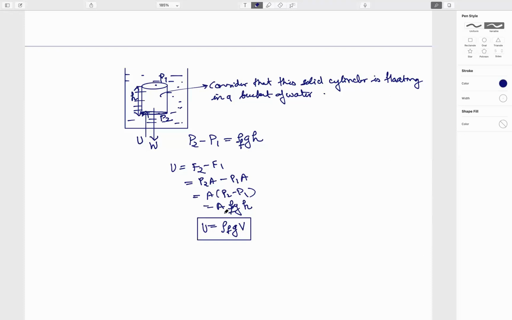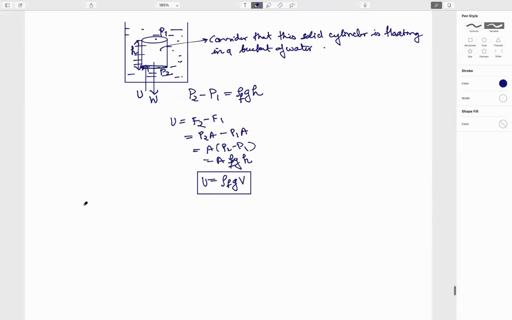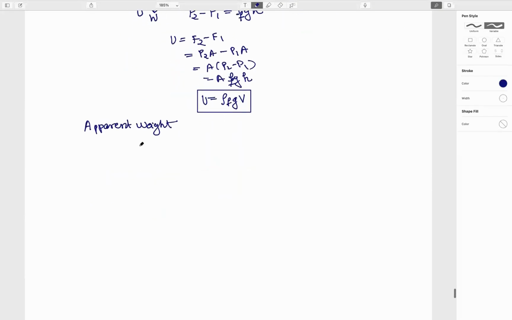Now, some questions may ask what is apparent weight? Because it's floating, W is equal to U. Apparent weight is the weight of a body in a liquid.